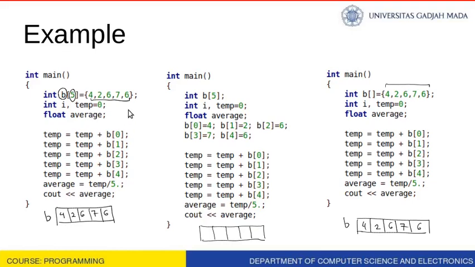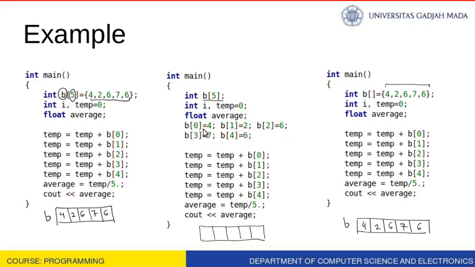And then how to put the value into our array? We can directly write down the value if we know what the value is, like this, or we just declare it first and then we insert the value later, just like this.